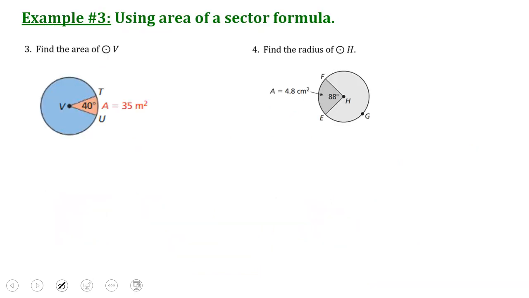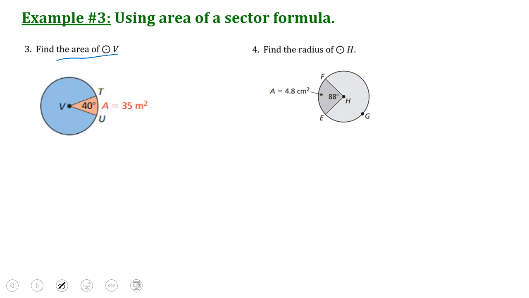All right. Using the area of circle formula, we're doing pretty much the same thing, but they give us the area this time, and then we've got to go backwards to find a missing component. Find the area of the circle. Well, yeah.